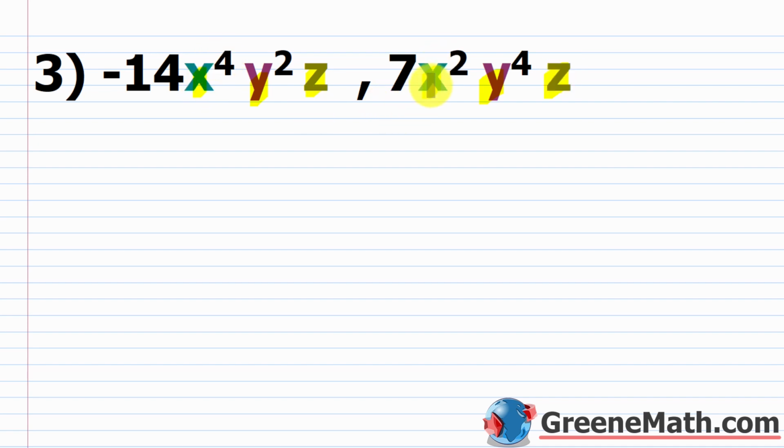For me to have like terms, I would need to have x raised to the fourth power here, and clearly I don't. This is x squared. If you continue, although it's already failed, here you have y squared, here you have y to the fourth power, so that's different as well. Here you have z to the first power and z to the first power, so that one's okay. But again, if only one of them fails, the whole thing fails, and you don't have like terms. So these are not like terms.